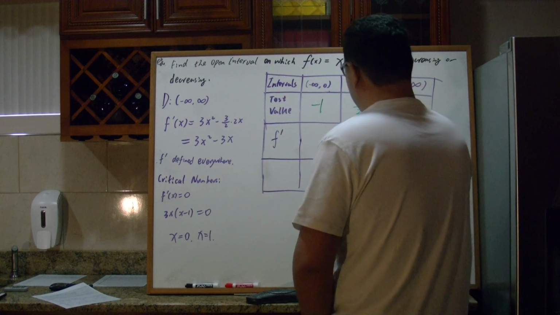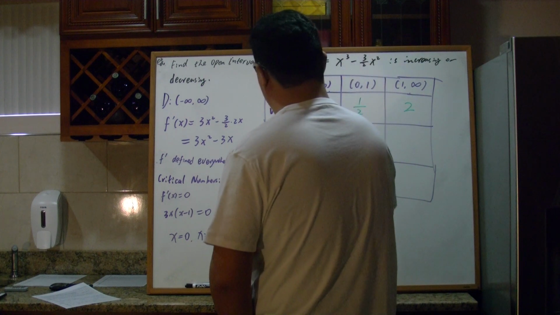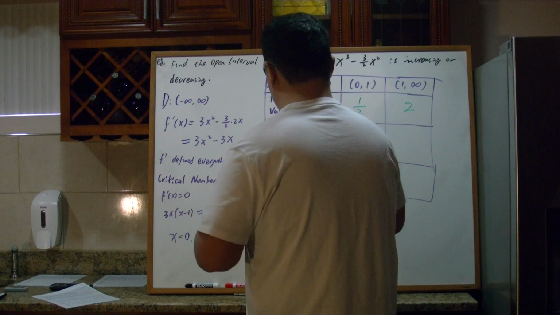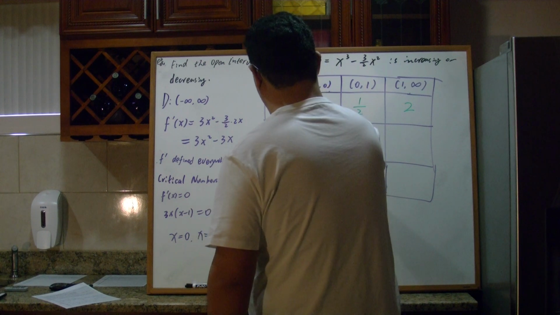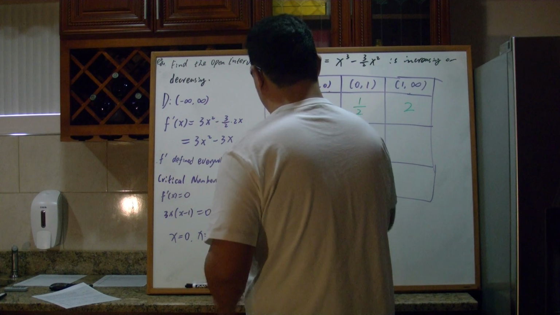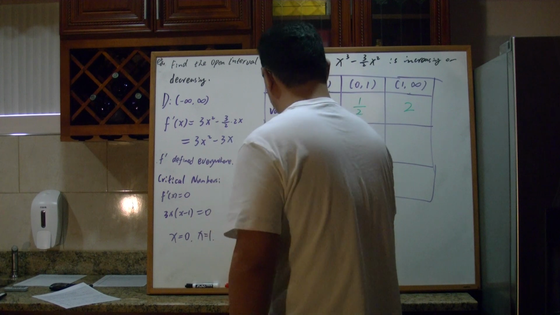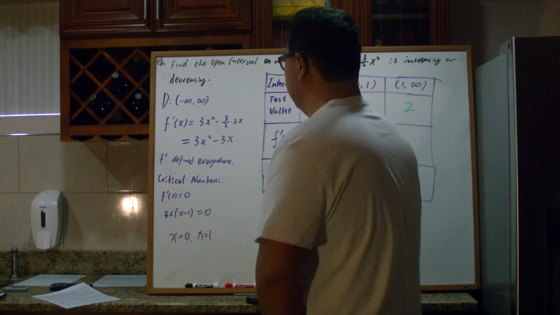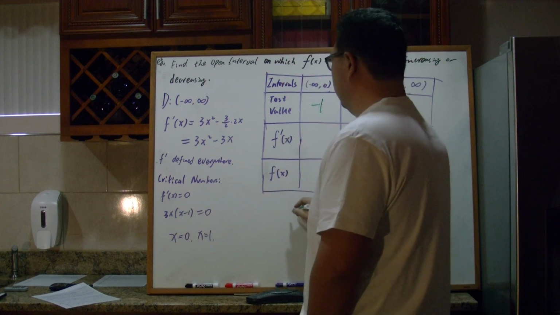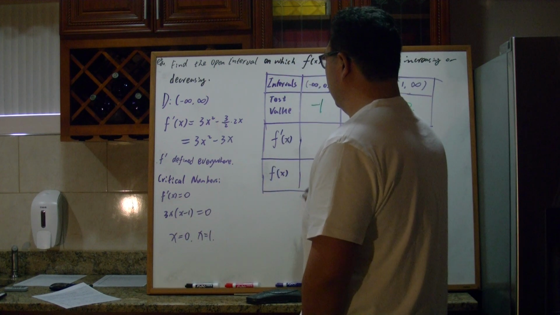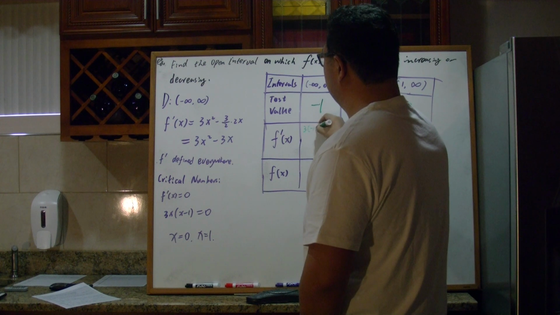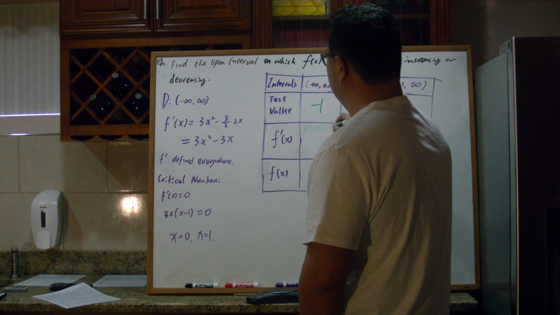Therefore, the sign of f prime will be determined by the next column, and therefore whether f increases or decreases will be clear. Maybe you can write f prime of x and f of x. So f prime of x is 3 times x times x minus 1. You don't have to show steps. You can write this on your scrap paper. 3 times negative 1 times negative 1 minus 1.